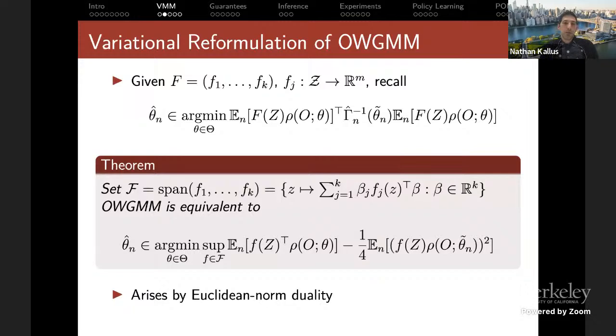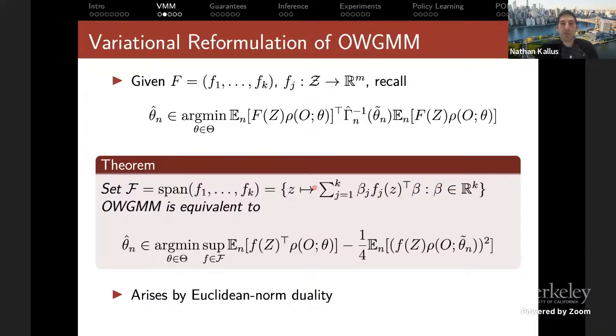So you can actually just rewrite this Euclidean norm using duality as a sup. It goes something like this. If we fix F to be the linear space of functions from Z to R^m, which is given by the span of these k f's, literally for any combination, any betas, there should be no transpose beta here, that's a typo.